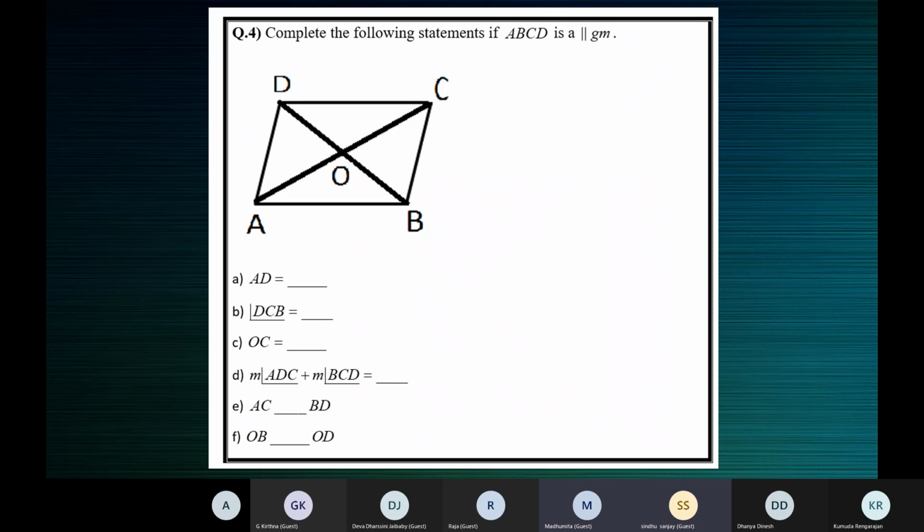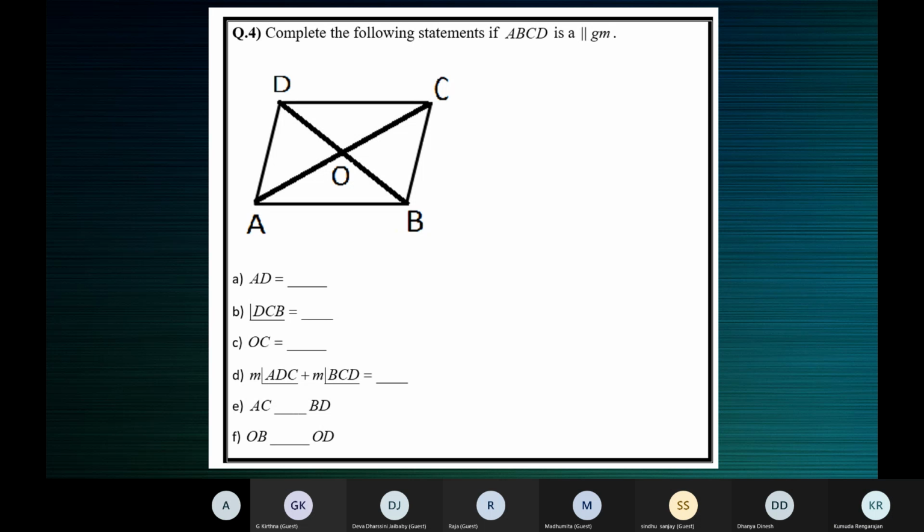Ma'am, measure of angle DCB and ABC is 180, ma'am. Yeah, measure of angle DCB plus measure of angle ABC is equal to 180 degrees. Correct. Next.